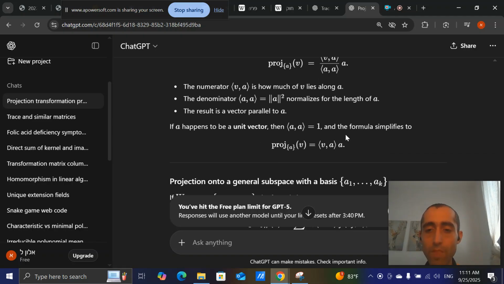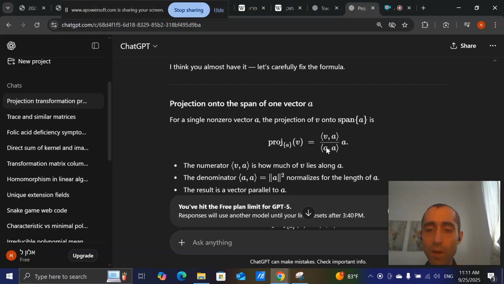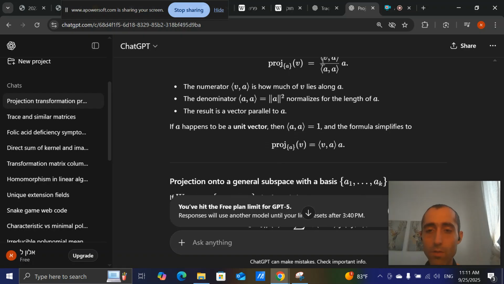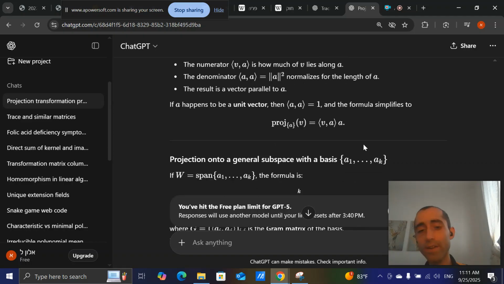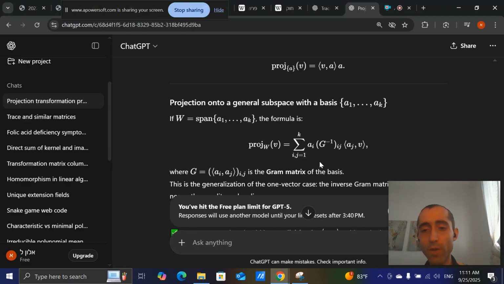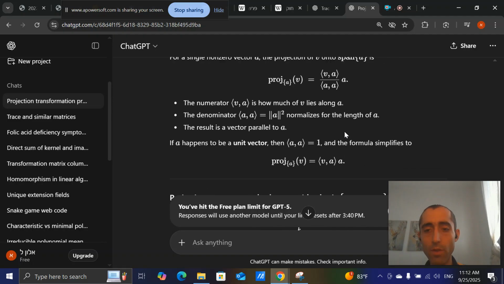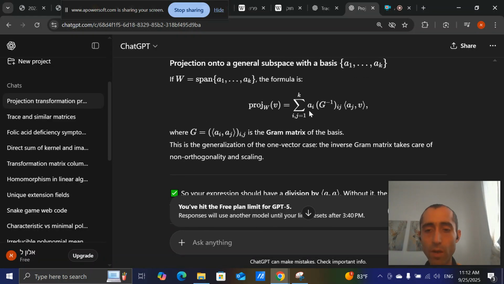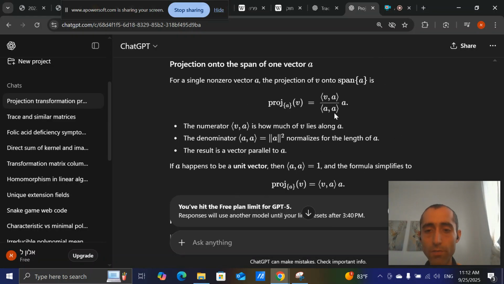Now, if the span is normalized, you can just ignore the inner product of A with A and get this much cleaner formula. In a more general way, you just sum over each vector in the basis.